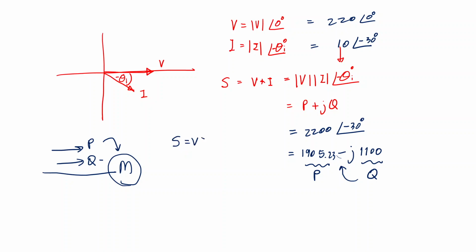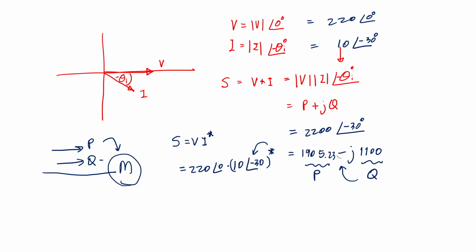S is VI conjugate. If we use the conjugate, it will be 220 at angle 0 multiplied by 10 at angle minus 30, with conjugate. When you put the conjugate, you change the sign of the angle.